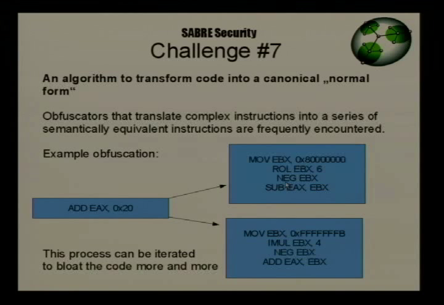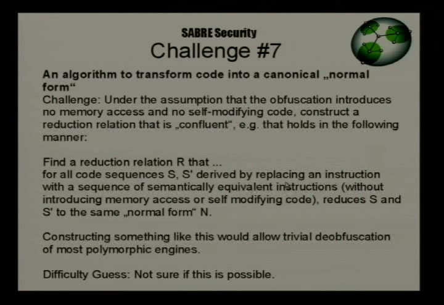So the question is, under the assumption that the obfuscation introduces no new memory access and no self-modifying code, can we create a reduction relation that is confluent, meaning it has the following property?